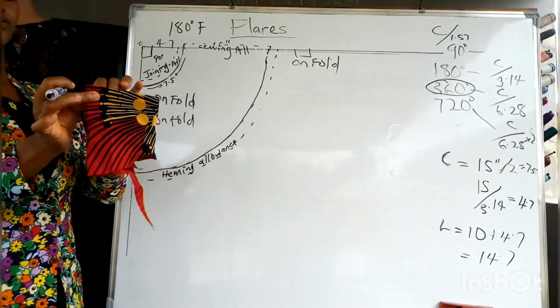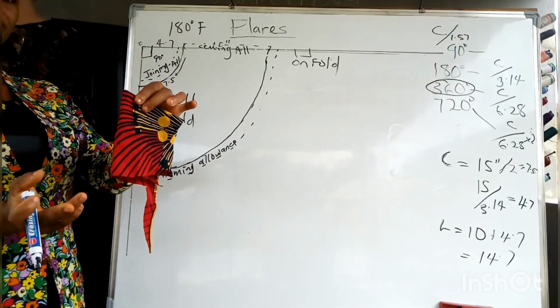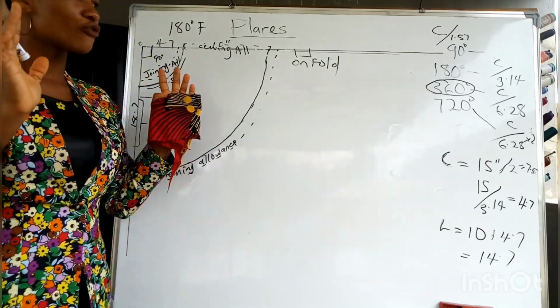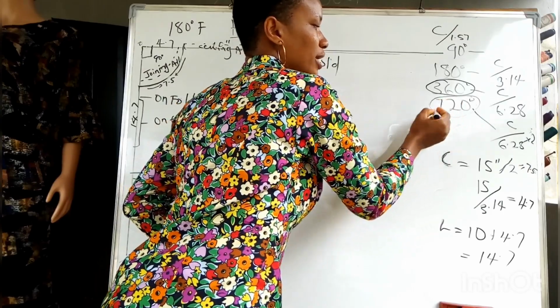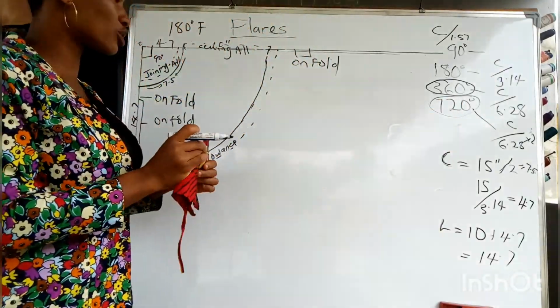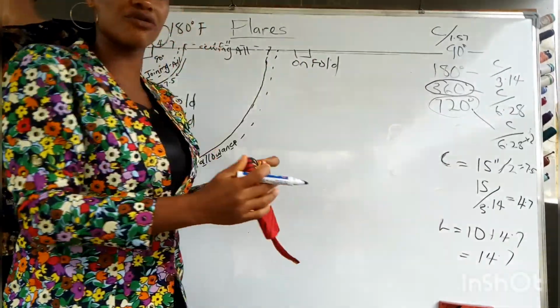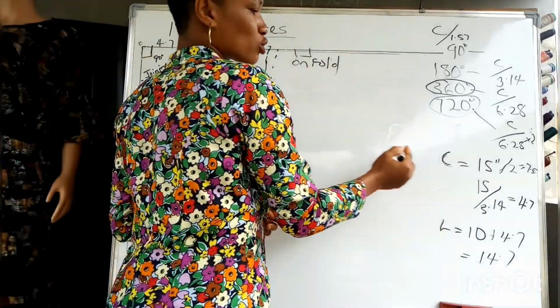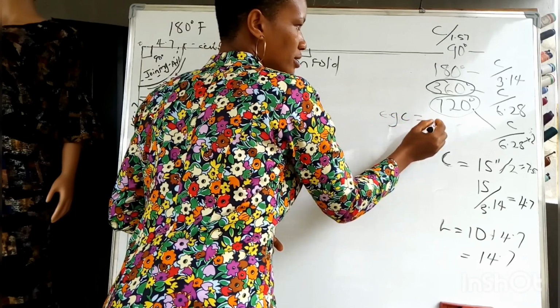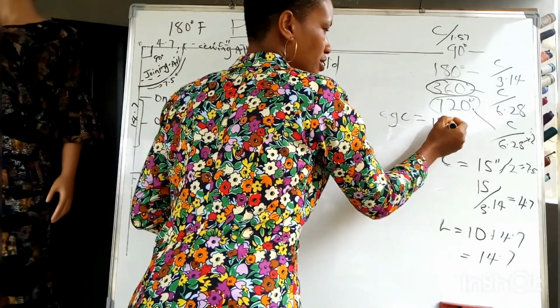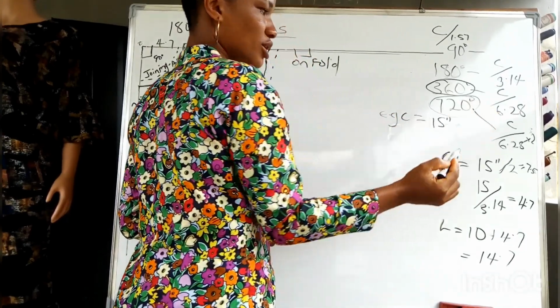After folding it, make sure you place it just the way it is. You are putting your tape around the axis where you have placed the previous one. I hope you're understanding it. Then you mark as you had done in the 180-degree flare and in the 90-degree flare.